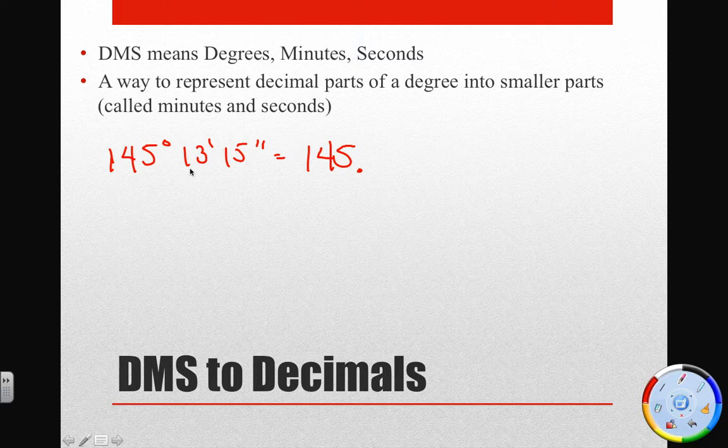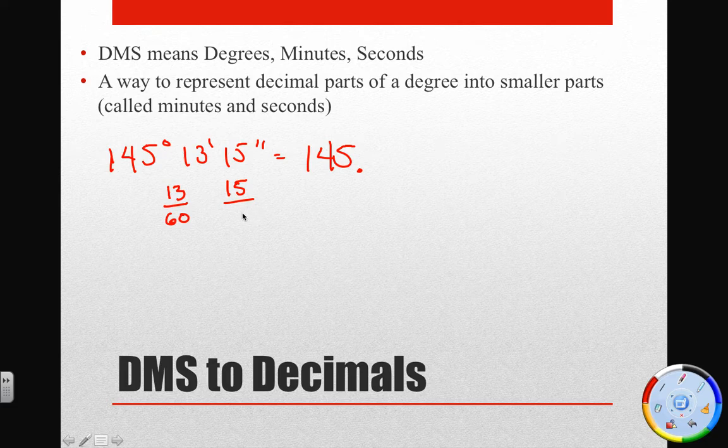Here's where we compare the minutes to what we know about a clock. We know there are 60 minutes in 1 hour. Well, it just so happens there's 60 minutes in 1 degree. So this really is 13 out of 60. This 13 minutes is 13 minutes out of a possible 60 minutes for 1 degree. And the 15 is the same kind of idea, only I need to know how many seconds are in an hour.